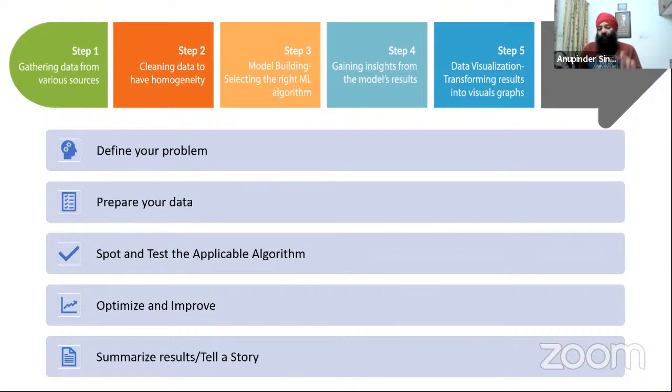Now, when we say testing and training, the test set should also have the same variation in terms of what your training set has.